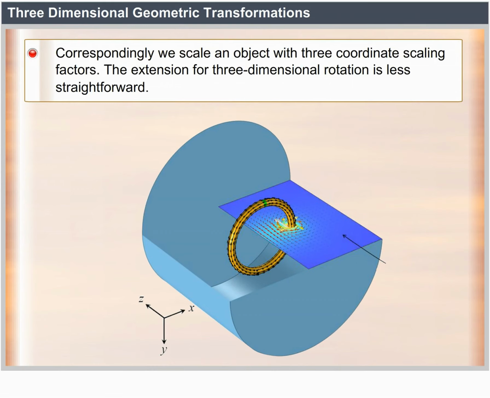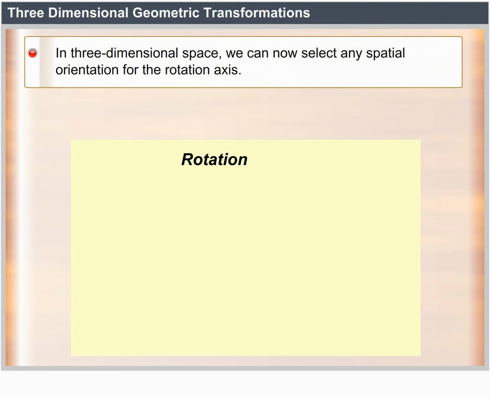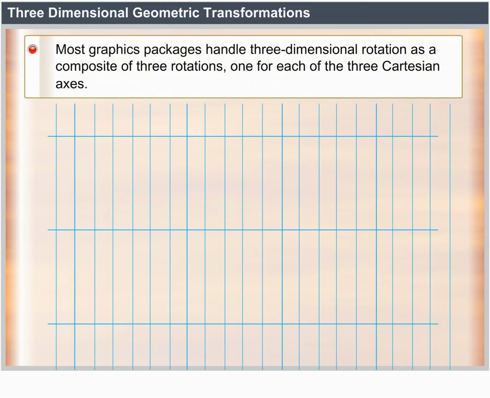When we discussed 2-dimensional rotations in the xy plane, we needed to consider only rotations about the axes that were perpendicular to the xy plane. In 3-dimensional space, we can now select any spatial orientation for the rotation axis. Most graphics packages handle 3-dimensional rotation as a composite of 3 rotations, one for each of the 3 Cartesian axes.